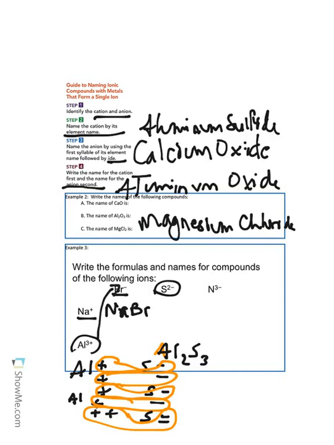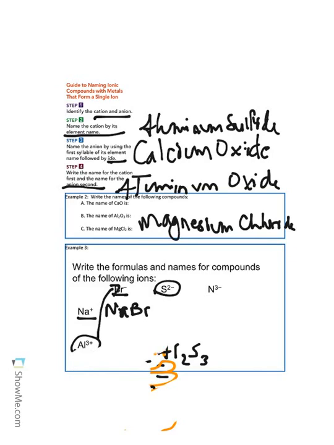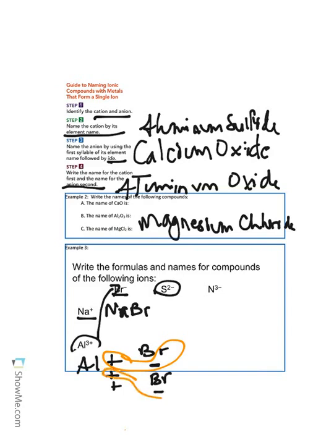Okay, how about aluminum and bromine? Let's take a look at those two. Aluminum again has a +3 charge. Bromine has a -1. We have 2 positives left over. Let's add another bromine. We have 1 positive left over. Let's add another bromine. Okay. And we are now at neutral.